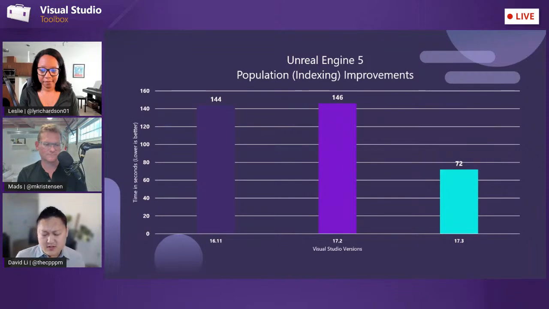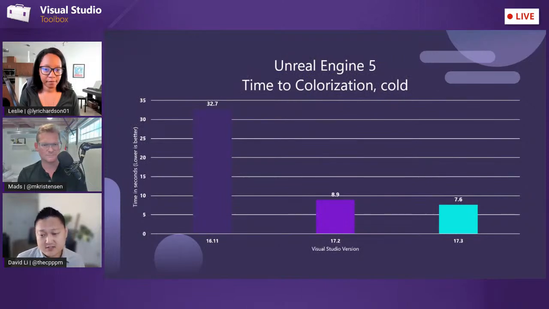So in addition to index improvements, we also have time to colorization. Time to colorization, similar to index, is when you open a file for the first time and the time it takes for your code to colorize. So you will feel faster, not only when you're starting Visual Studio, if it's a project that you have worked on before, but for indexing and time to colorization, you will feel a very, very big difference from Visual Studio 2019.